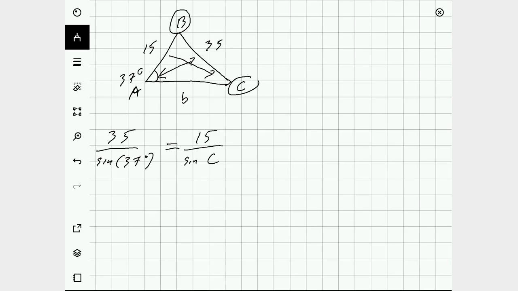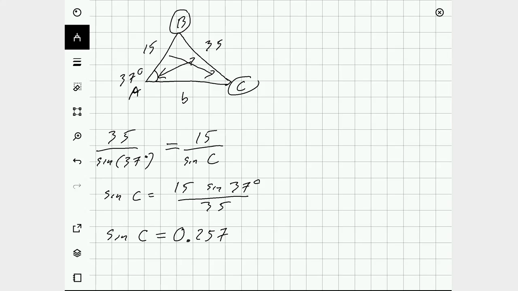Rearrange this equation, I get that the sine of angle C is 0.257.